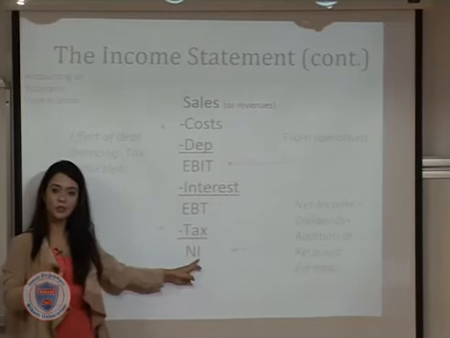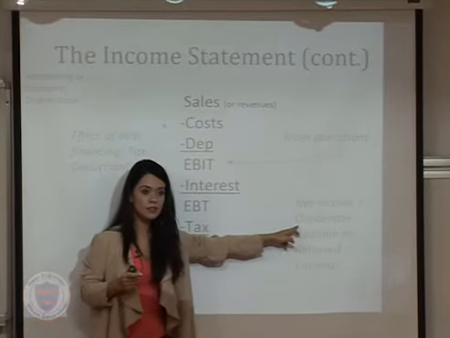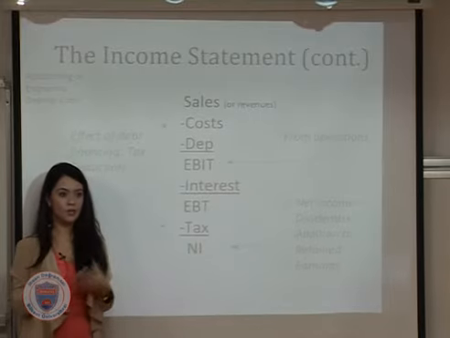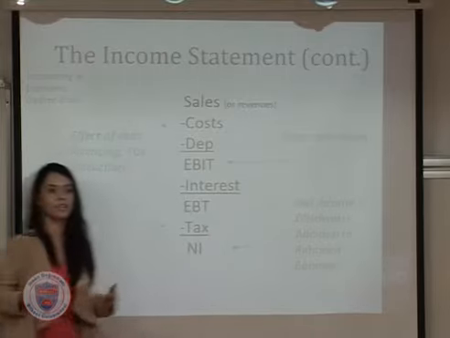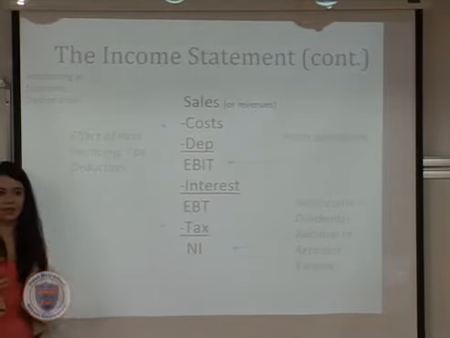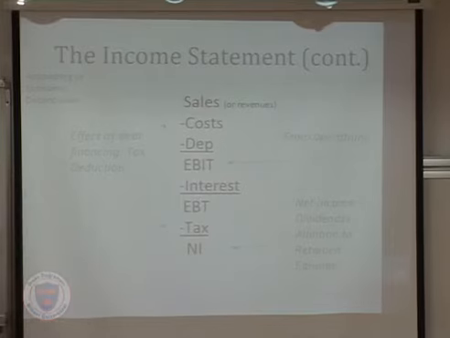Net income can be distributed to shareholders in the form of dividends. If not, whatever is not paid to the shareholders is addition to retained earnings. And that's the money kept in the company for future investment or whatever the company wants.